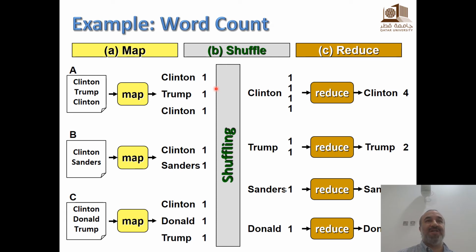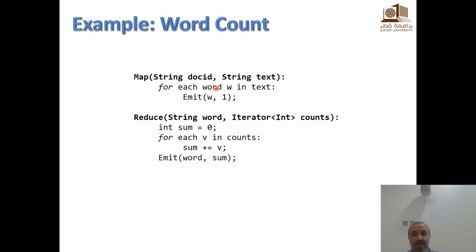How can we change this to compute the number of documents instead of total occurrences? So what should we change here? What should we change in that code? This code is word count, right? I want to change it to get the number of documents instead of just the number of occurrences for each word.